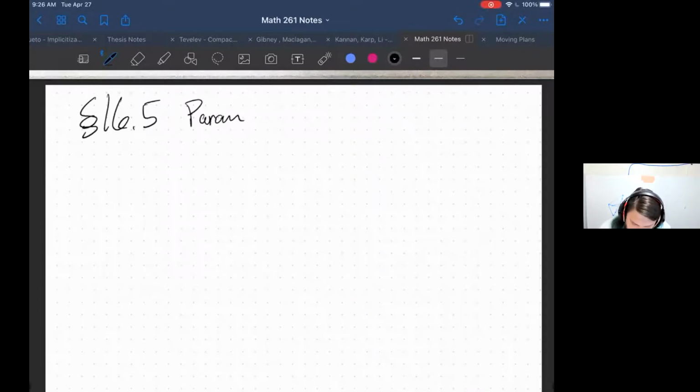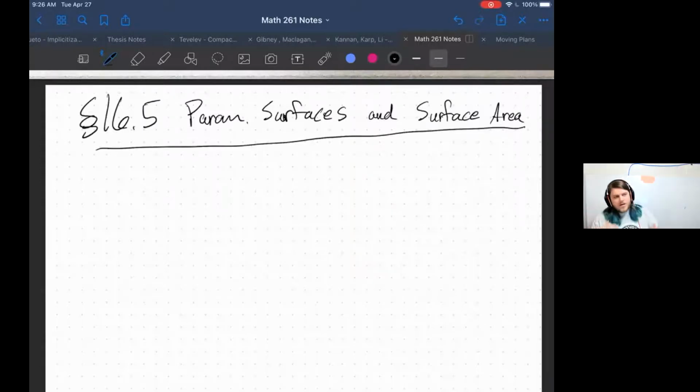And this is parameterizing surfaces and surface area. Not parameterizing surface area, but surface area is a different concept. Okay, so we talked about parameterizing curves, right? A curve is some r of t, it's one variable, and in 3 dimensions, we said it was something like x of t, y of t, z of t.